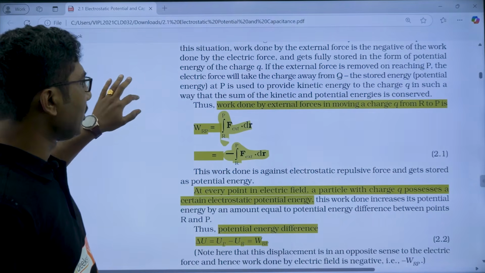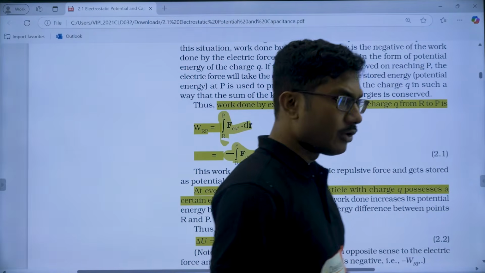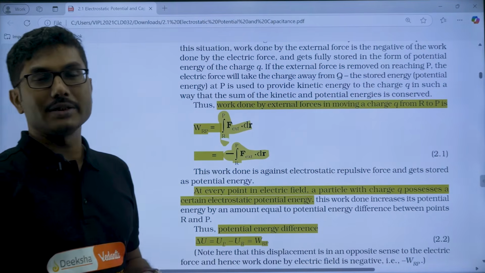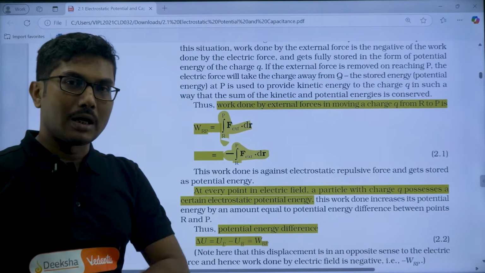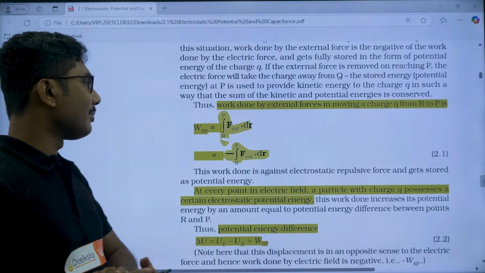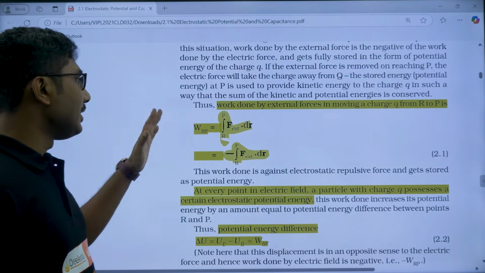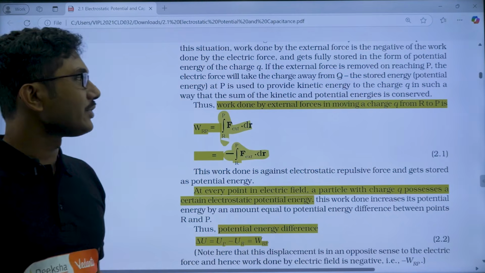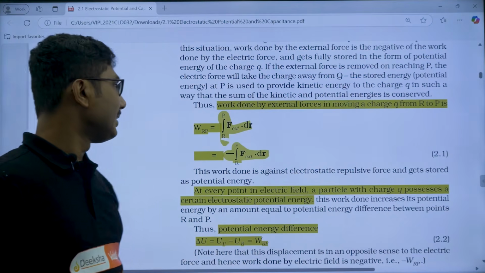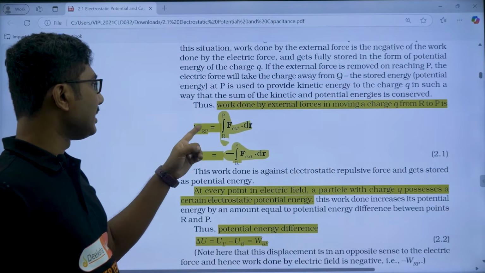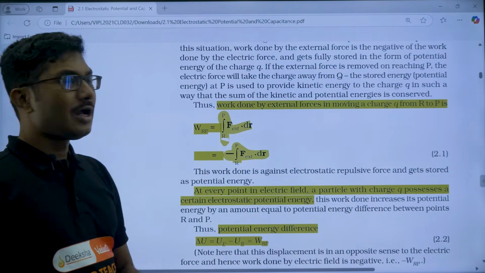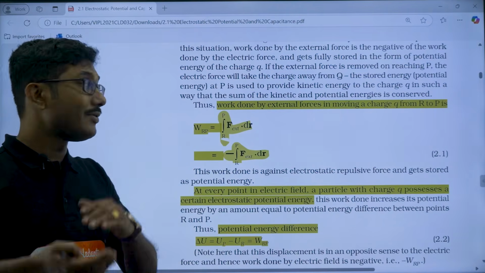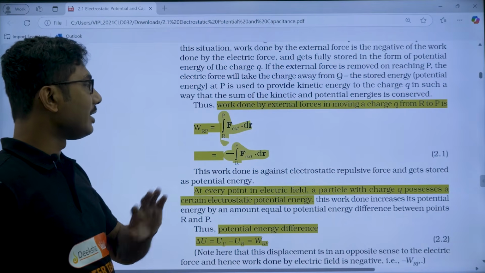If you remember, in your first PU you have learned about work done, and later via the work energy theorem you linked it with energy as well, kinetic energy and potential energy. Here, the work done by external forces in moving a charge from a point R to P is W_RP equals the integral from R to P of F external dot dr, and they have taken a negative sign and reversed the limits.